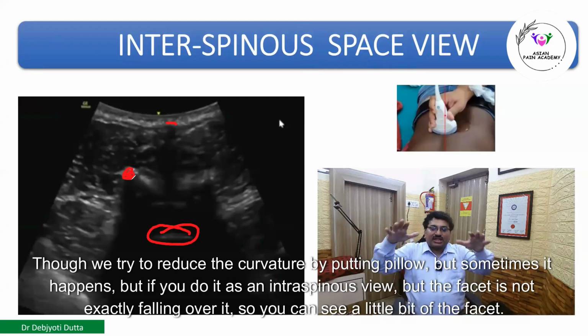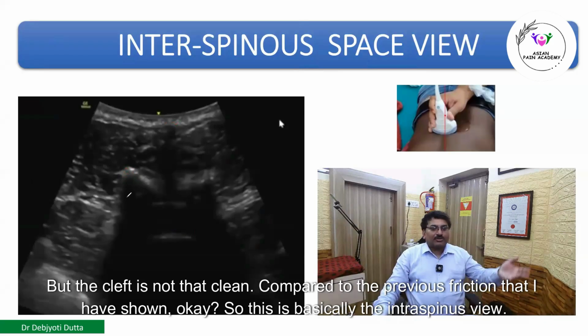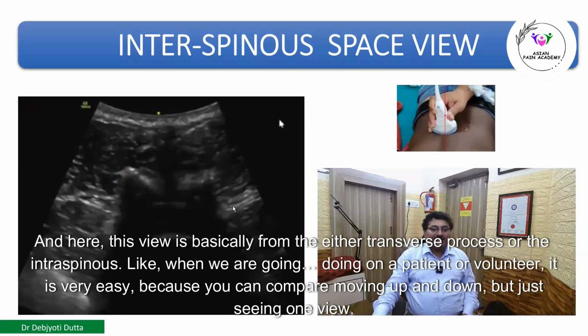Though we try to reduce the curvature by putting a pillow, sometimes it happens. Though it is an interspinous view, the facet is not exactly falling over it, so you can see a little bit of the facet, but the cleft is not as clean compared to the previous picture that I have shown. So this is basically the interspinous view.